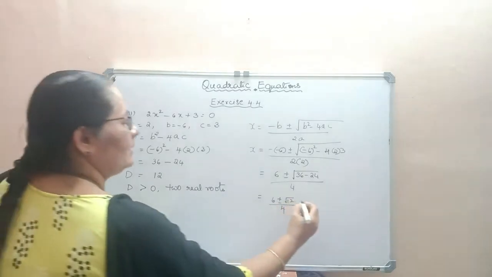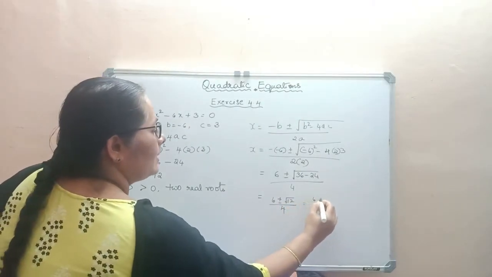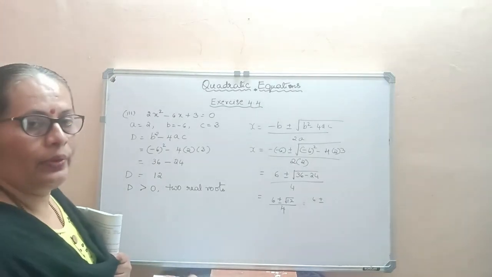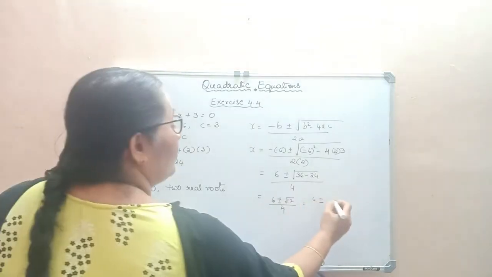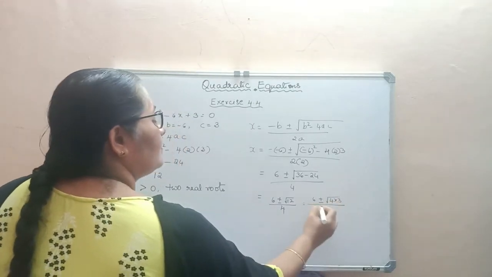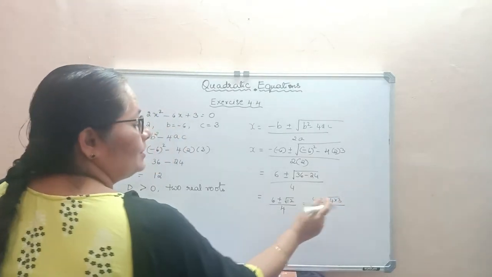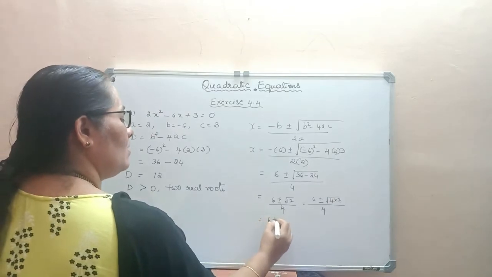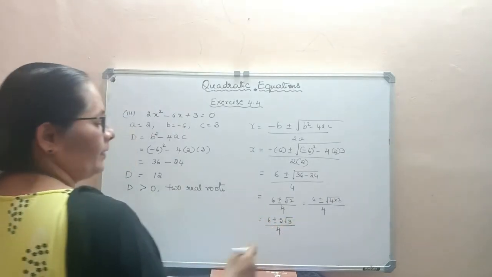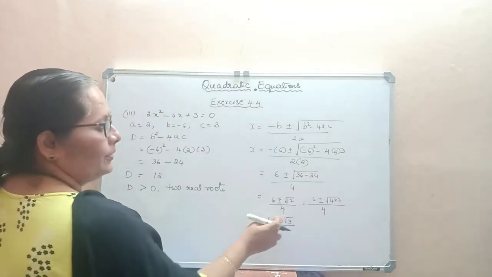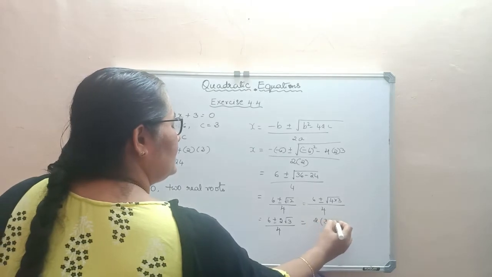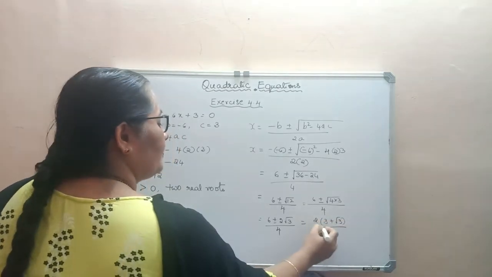Root 12 can be written as root of 4 into 3. 4 times 3 is 12, right? Root of 4 is 2. So you can write 6 plus or minus 2 root 3, by 4. Now 2 is common in both the terms. You can take 2 common: 2 times 3 plus or minus root 3, by 4.